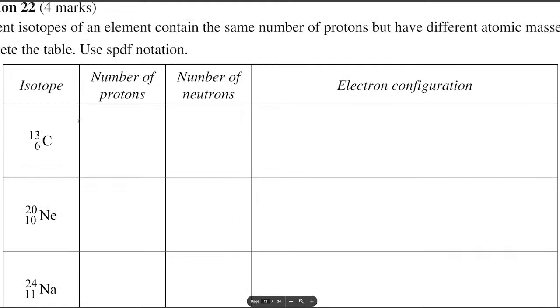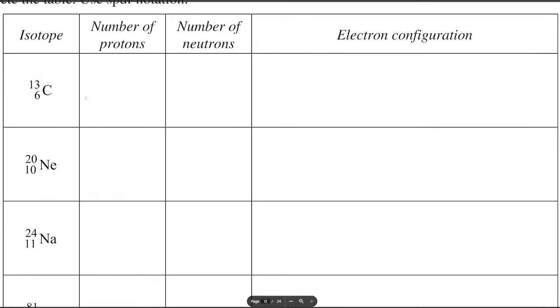Yeah, I think, no, yeah, it is 6. So 6, and then 13 minus 6 is 7. So, how many electrons does that have? I don't know. Does it have 13 electrons? It might.